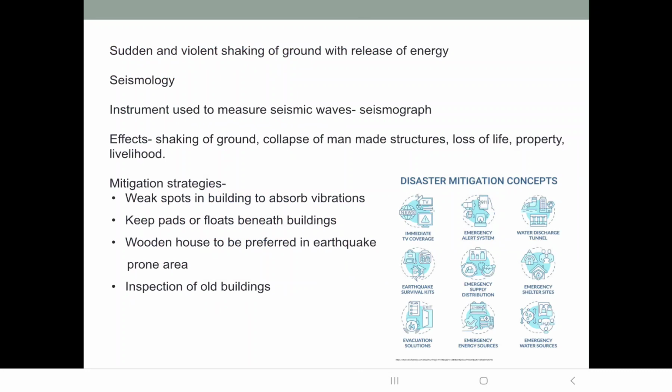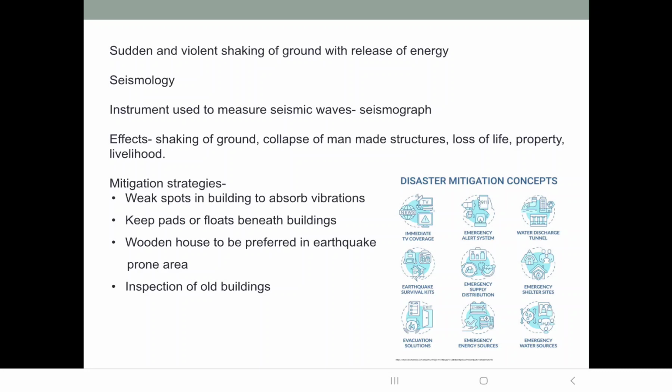Construction of buildings which can tolerate earthquakes by keeping weak spots in the building to absorb vibration, then to keep pads or floats beneath the buildings so as to absorb the vibration. Then wooden houses should be preferred in the earthquake prone area. Older buildings should be reinforced and retrofitted to increase the earthquake resistance.